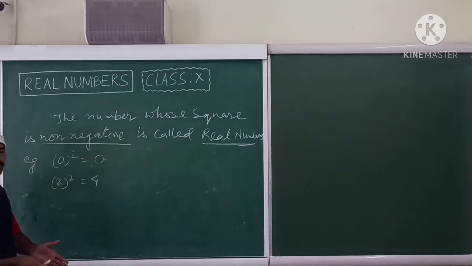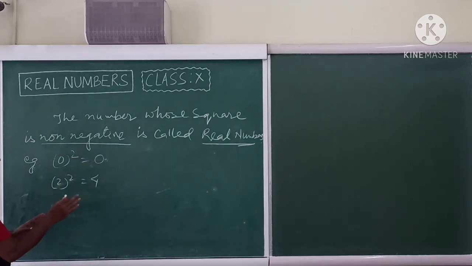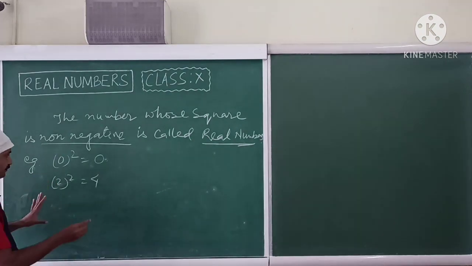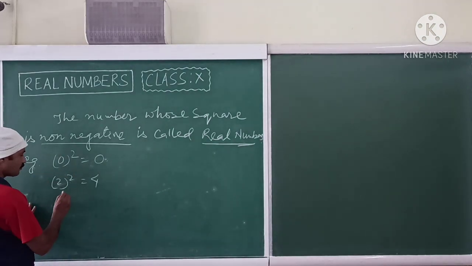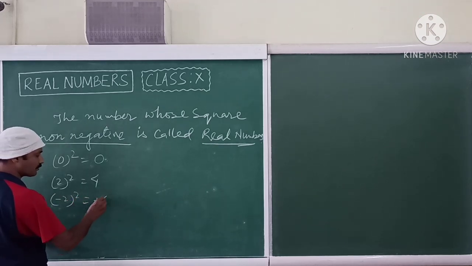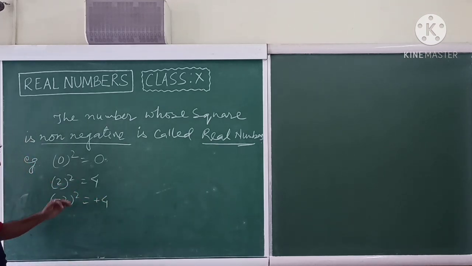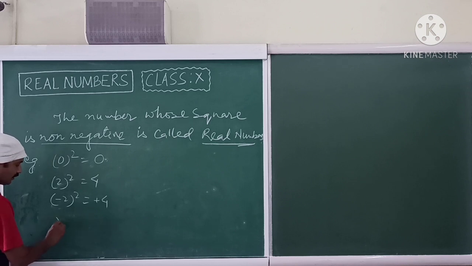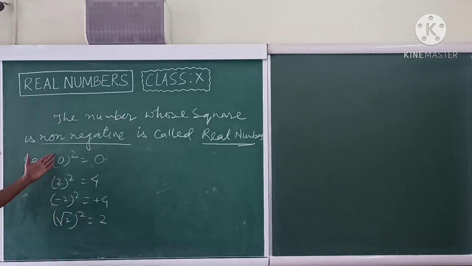Non-negative means it should not be negative; it doesn't mean positive, so mind it. If we take -2 and square it, we also get 4, which is non-negative. If we take root 2 and square it, we get 2, which is also non-negative. These are all real numbers.